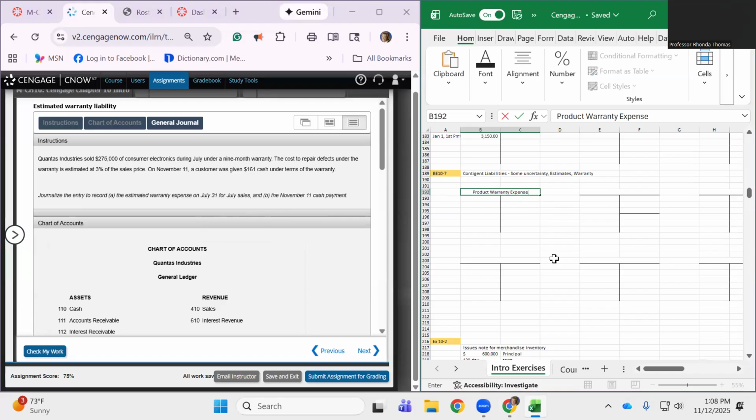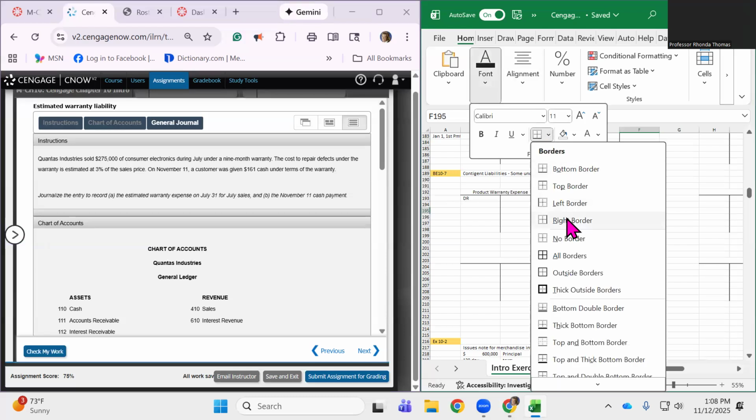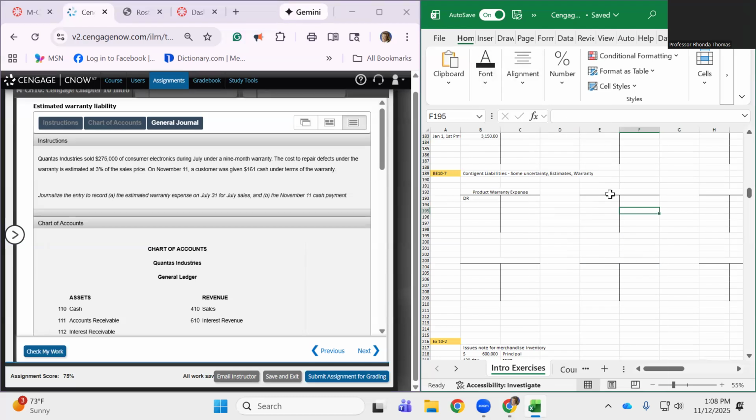If we have a good product, we shouldn't have to set aside so much money for possible warranty, right? But sometimes we don't know what's going to happen. So the other account will be product warranty payable.